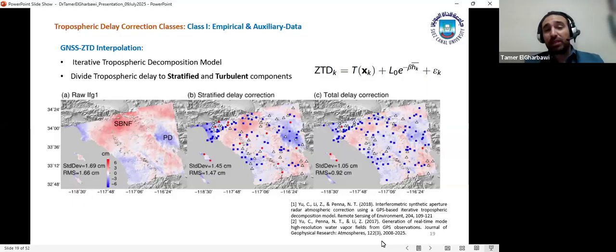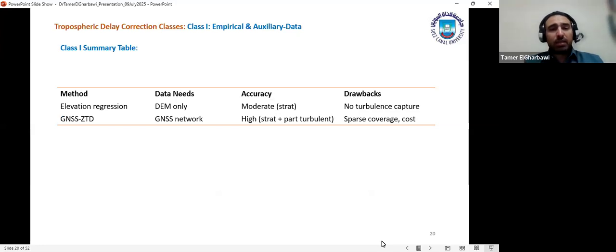If we have GNSS stations, it would be fine. If we don't, we still have to look for other options. This is just a small summary: elevation regression without any additional data can be moderate for corrections, but if we have the GNSS zenithal total delay, it would be best to use it for atmospheric correction.